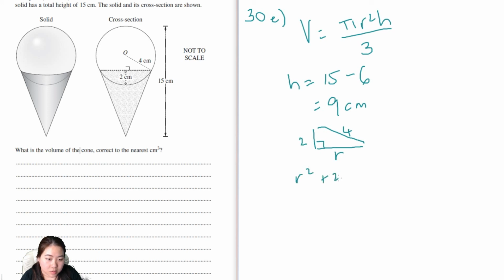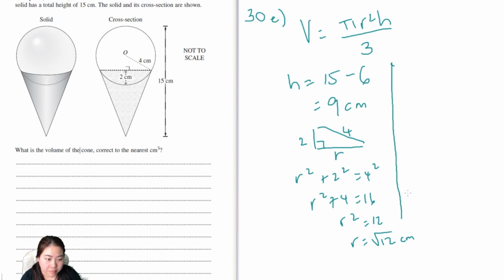R squared plus 2 squared equals 4 squared. R squared plus 4 equals 16. R squared equals 12. R is root 12 centimeters. Now that we have the radius of the cone, we can now find the volume.